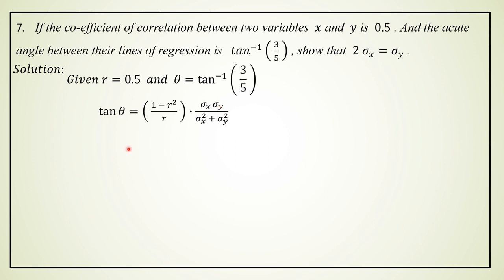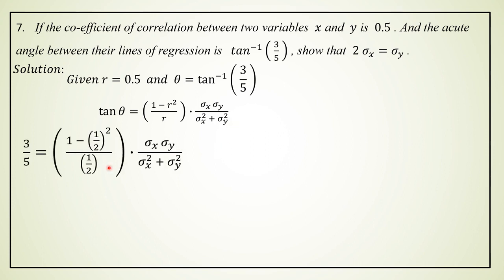We know that tan theta is given by the equation tan theta is equal to 1 minus r square divided by r into sigma x sigma y divided by sigma x square plus sigma y square. So the value of tan theta over here is 3 by 5, that is equal to 1 minus 1 by 2 whole square divided by 1 by 2 into sigma x sigma y divided by sigma x square plus sigma y square.